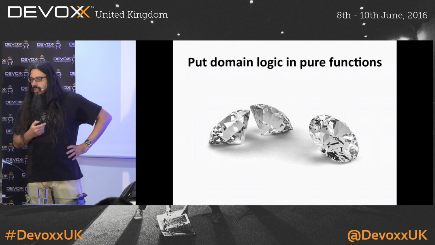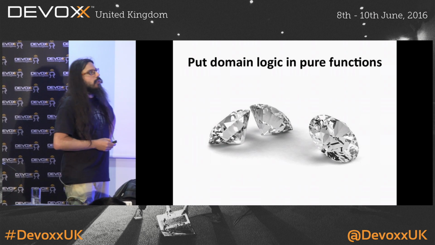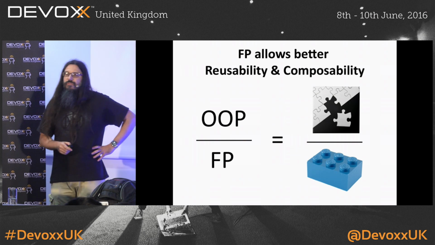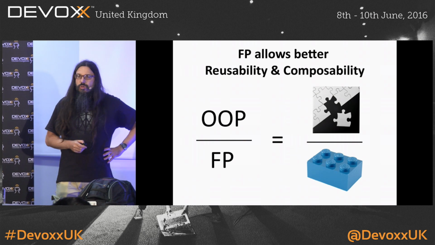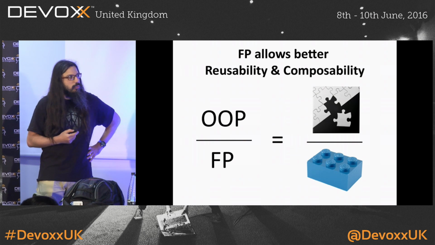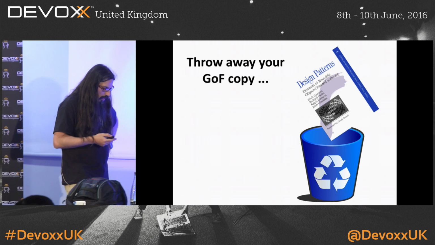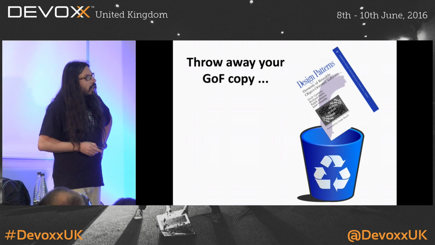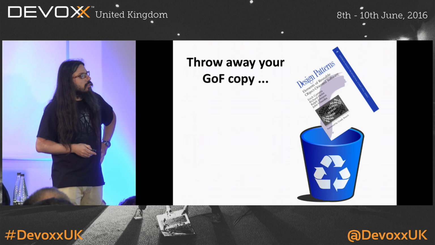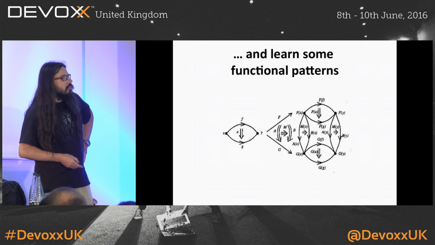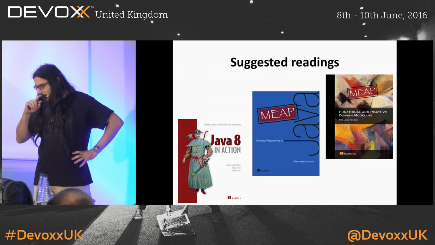Use monadic objects. Put your domain logic in pure functions. Functional programming is more composable than the object-oriented version, and most important, throw away this. And learn some functional patterns. Okay, I'm done. Sorry.